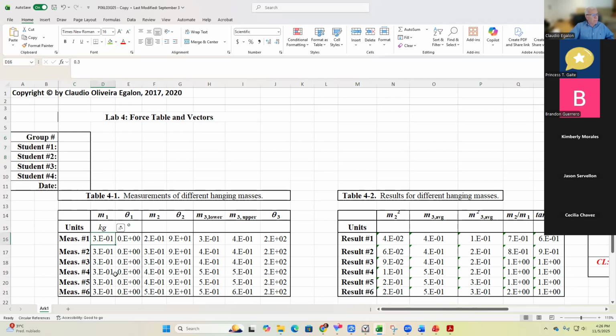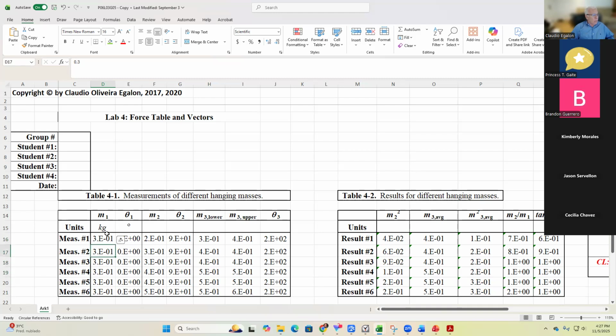Here's the mass 1. We measure the whole set with the mass hanger and the slotted mass using the scale. You know that the scale has 5 decimal places in kilograms. And here's the angle. Mass 1 has an angle of 0 degrees. Note that mass number 1 that I used in this spreadsheet is 300 grams.